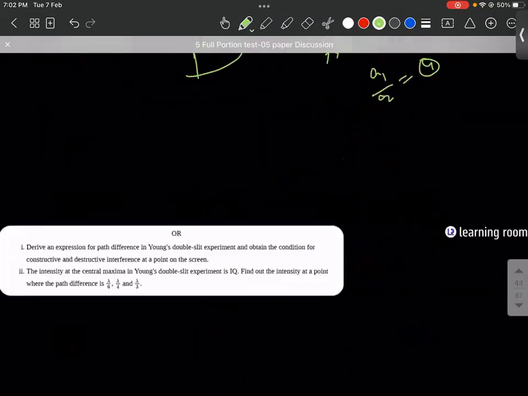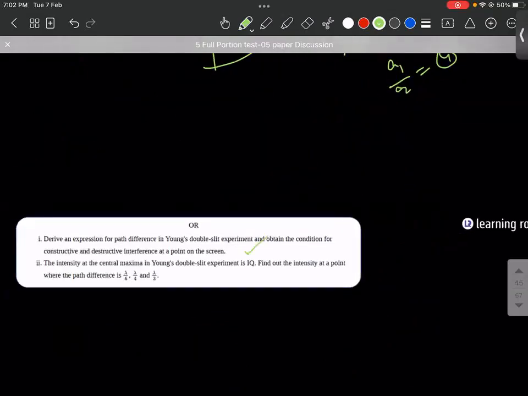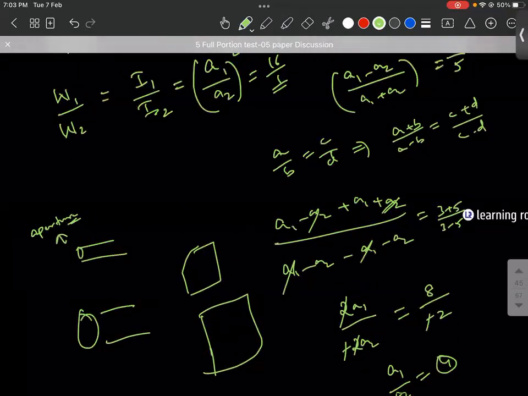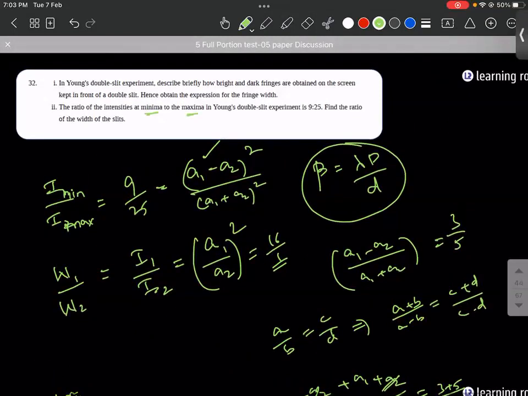Okay. So this is also there. I think we solved this in the previous test also. I've done this problem multiple times. Sir, I tried the previous problem and checked my answer on Google, and it said width is directly proportional to A1.